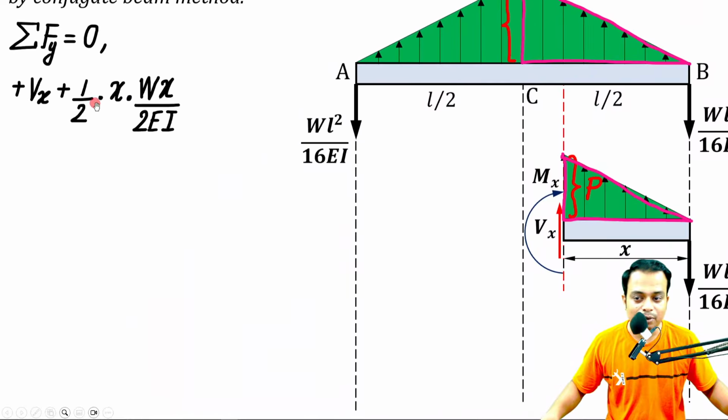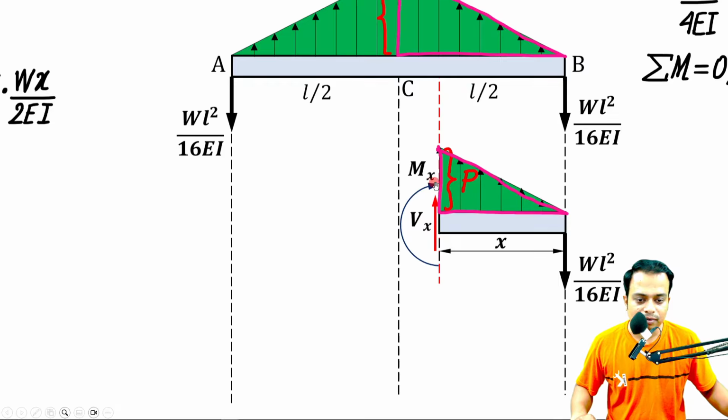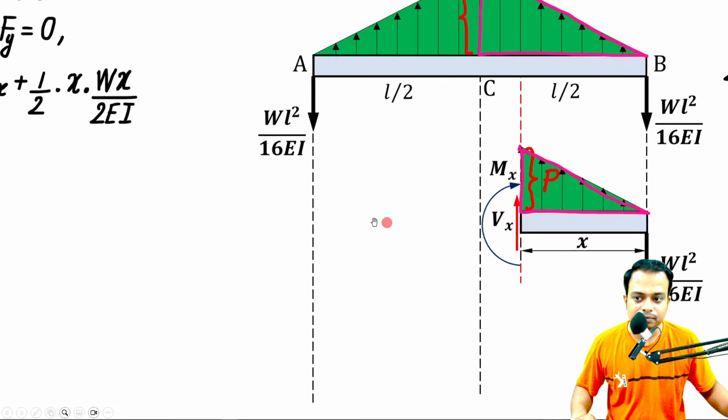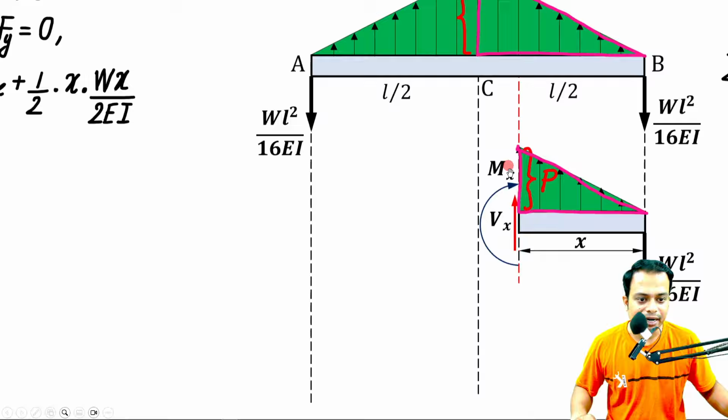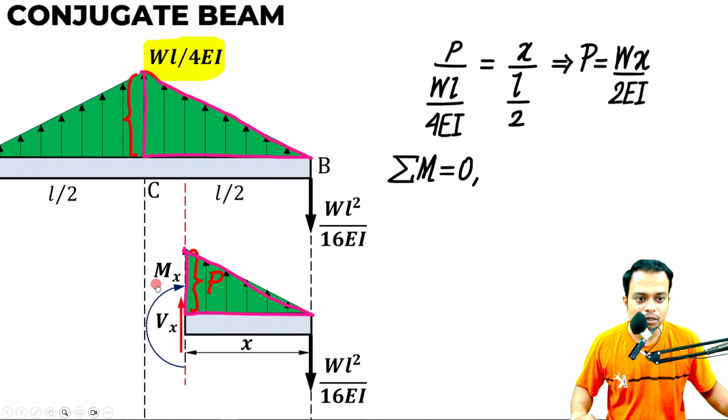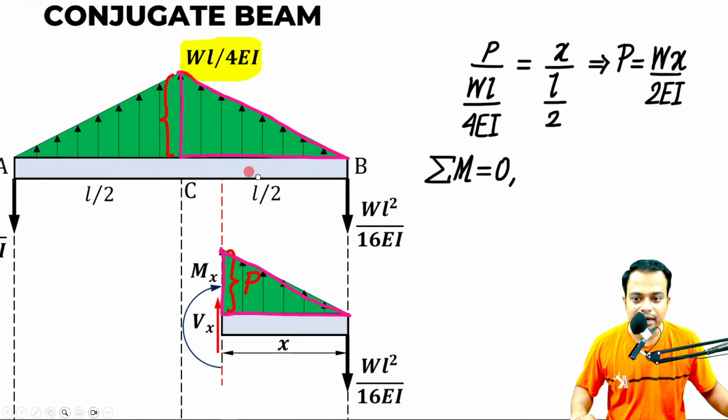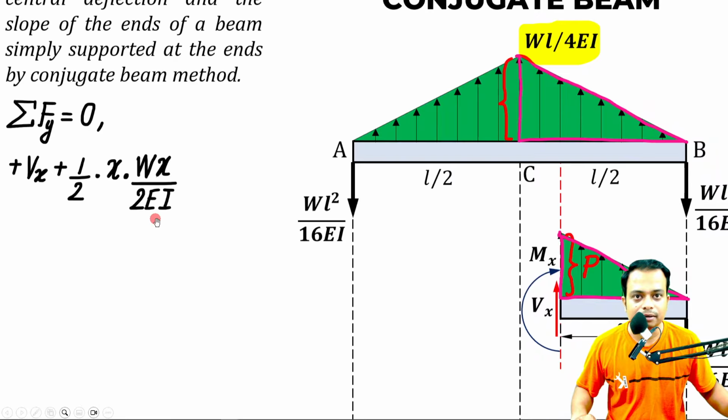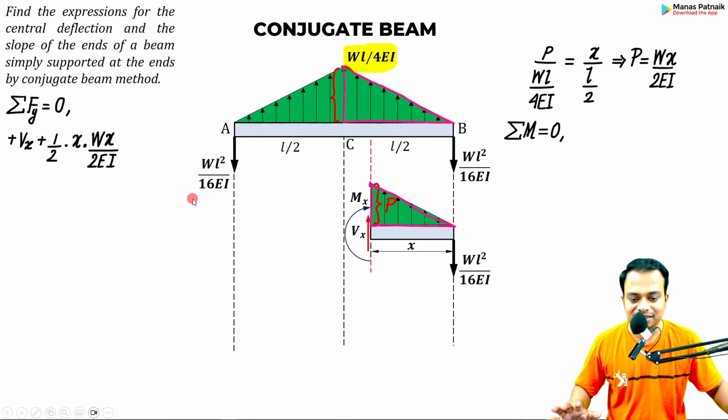As far as this triangularly varying load is concerned, let me zoom into this. How did I get to this result? Half of x into this much. So half of base, that is x, into height. This is P. P is equal to Wx upon 2EI. And here it is Wx upon 2EI. Now you got the point, right?